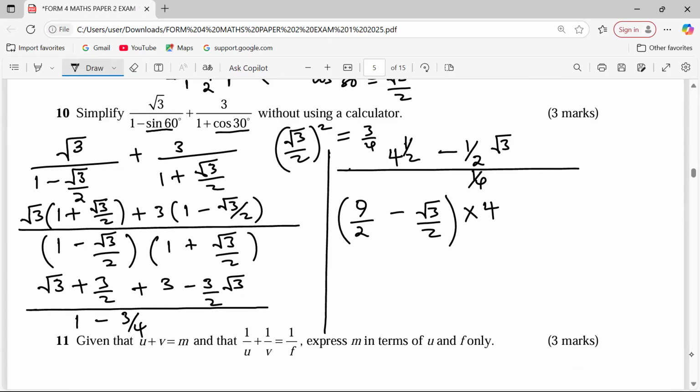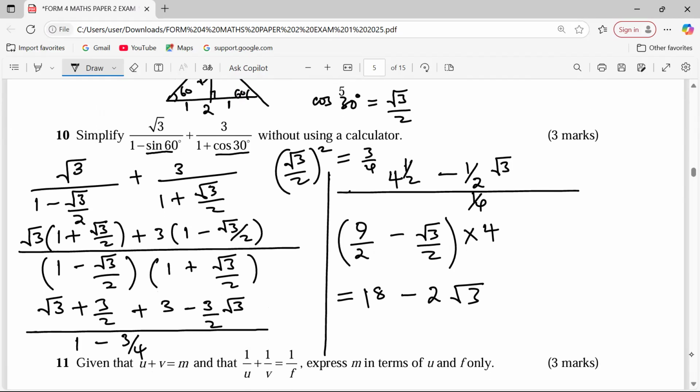So this can simplify too. When 9 over 2 is multiplied by 4, it shall become 18. I hope we are together there. Then root 3 over 2 by 4 shall become 2 and the root of 3.